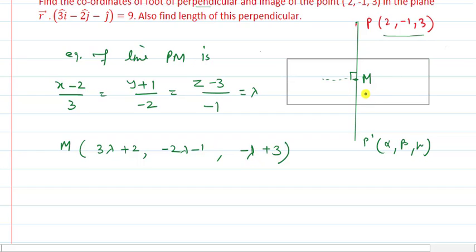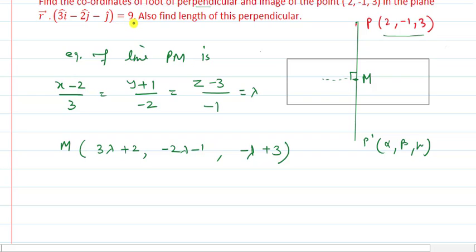Now, you should keep in mind one thing, that M is lying on the plane itself. Where is point M? In the plane itself. And when the point is in the plane, then it will certainly satisfy the equation of the plane. If in the equation of the plane we replace x, y, z with these coordinates which are in the plane itself, certainly it will satisfy.